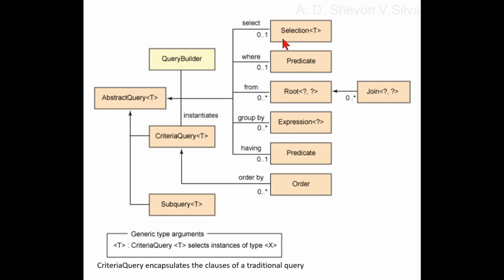Here, 0 to 1 Selection is connected to AbstractQuery via select, and 0 to 1 Predicate is connected to AbstractQuery via where, and 0 to many Roots are connected to AbstractQuery via from, and 0 to many Expressions are connected to AbstractQuery via groupBy, and 0 to 1 Predicate is connected to AbstractQuery via having, and 0 to many Orders are connected to CriteriaQuery via orderBy.